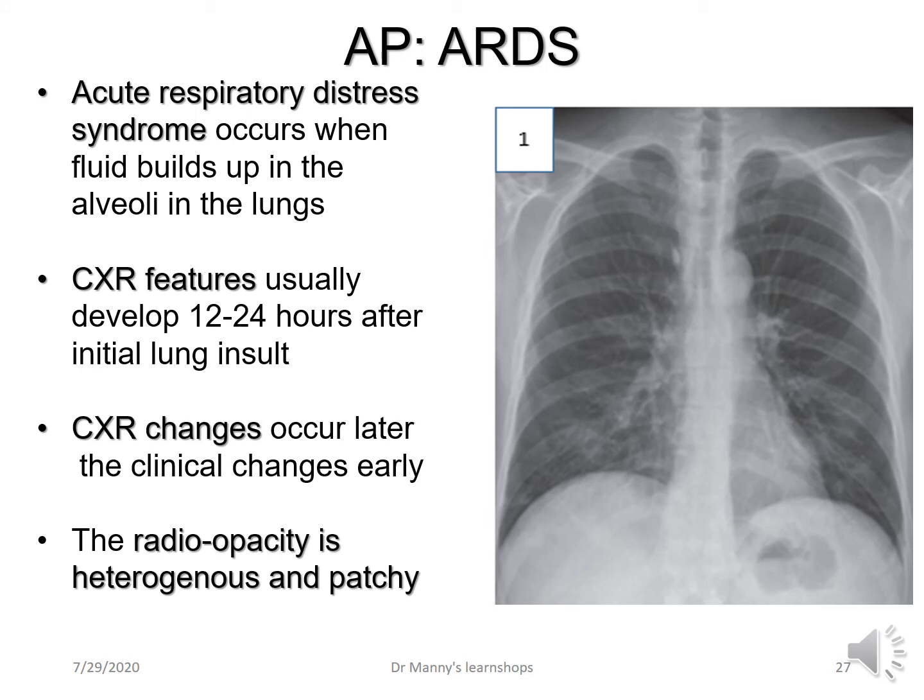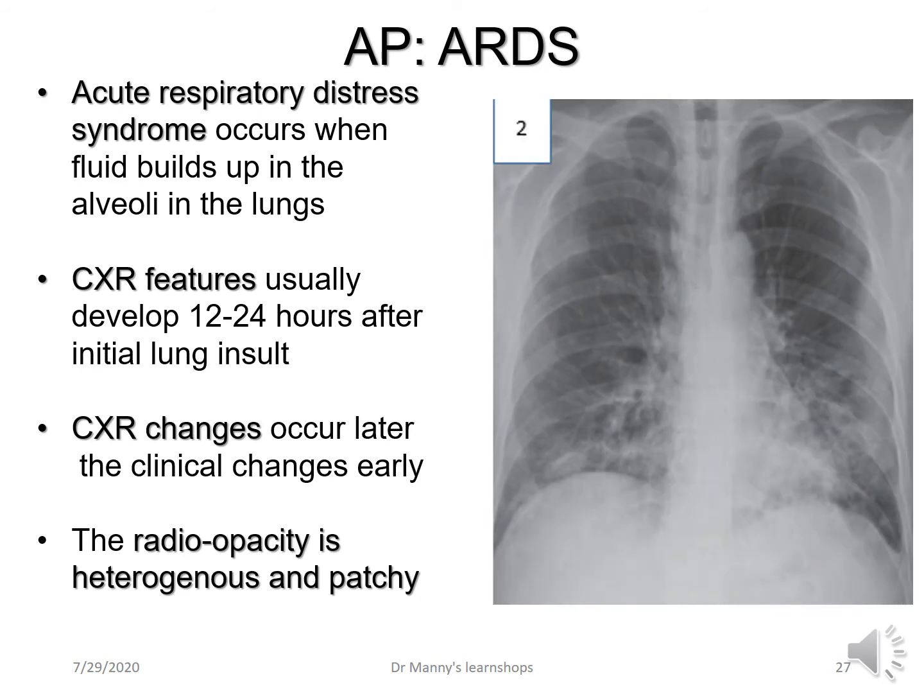So let's review. Look, this is one. The chest X-ray looks reasonably okay. The patient, however, is sick. Then over the next 12 to 24 hours, the X-ray starts getting sicker. There's capillary leak, fluid into the alveoli, and you're starting to get heterogeneous, patchy, increased opacities.